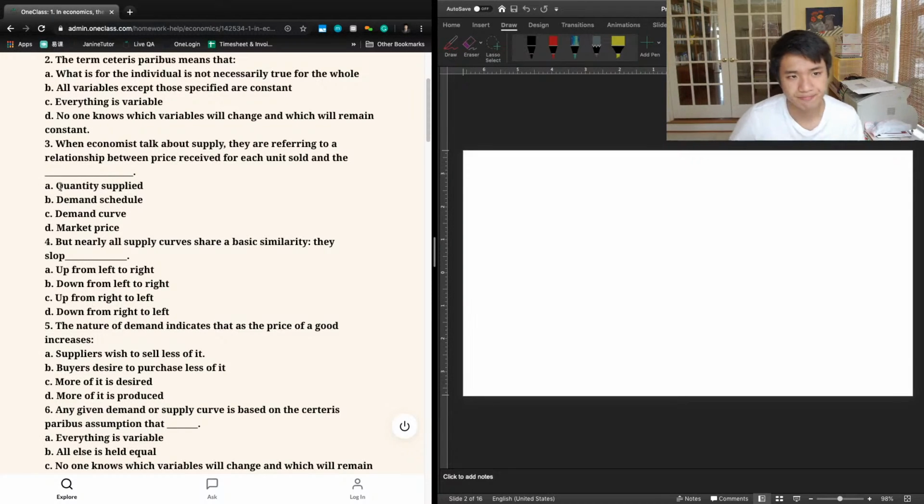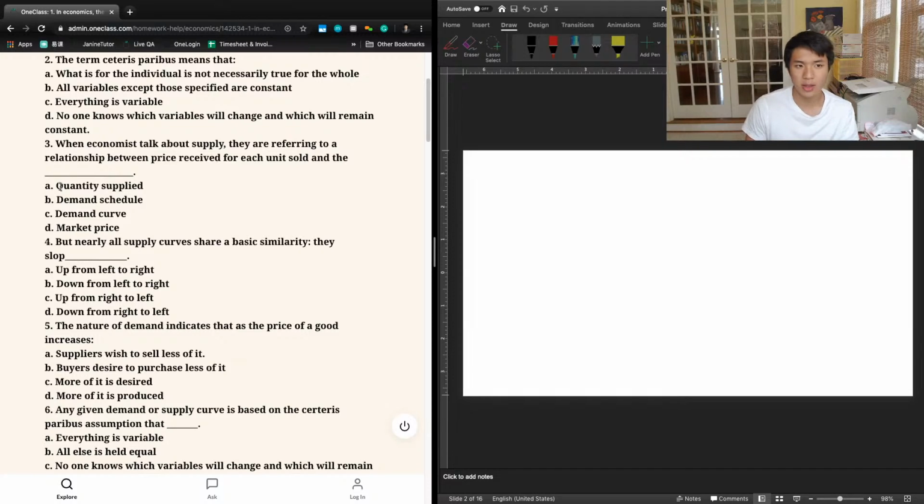So this seems to be a really definition-based question. Ceteris paribus, I believe it's Latin. I'm not exactly sure, don't quote me on that. But it is a term that you'll often hear in economics, and it is basically used to say holding all else equal, right?